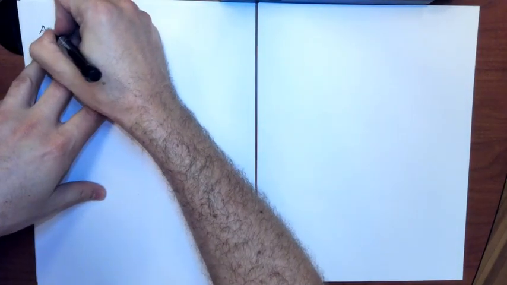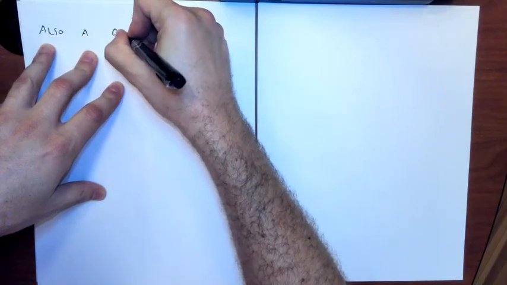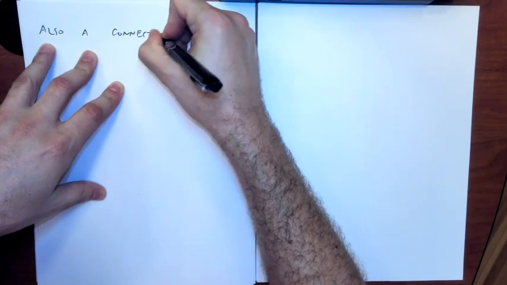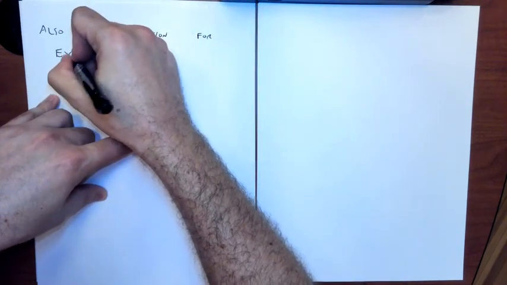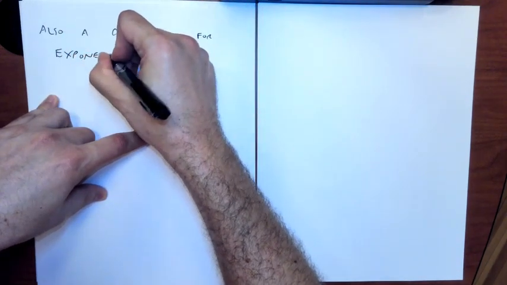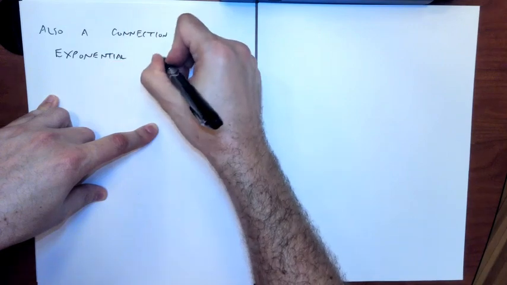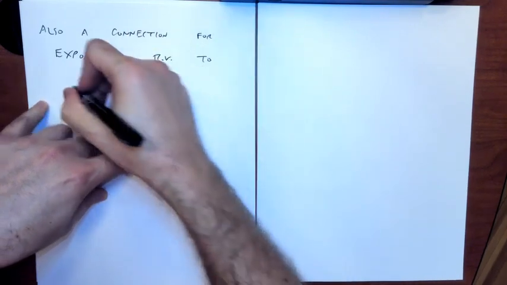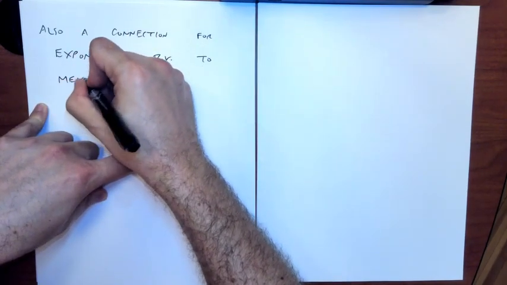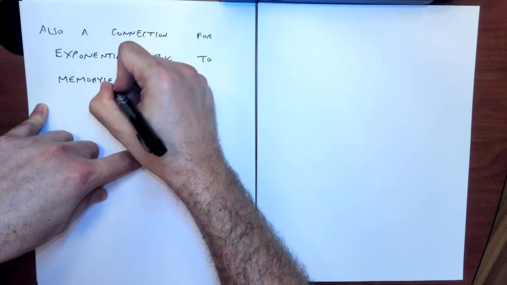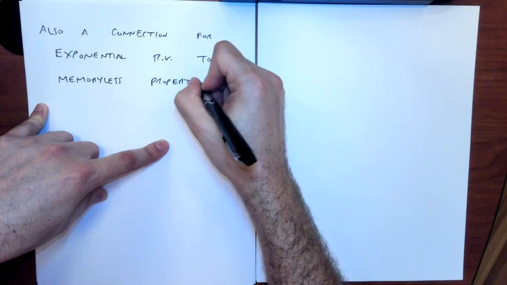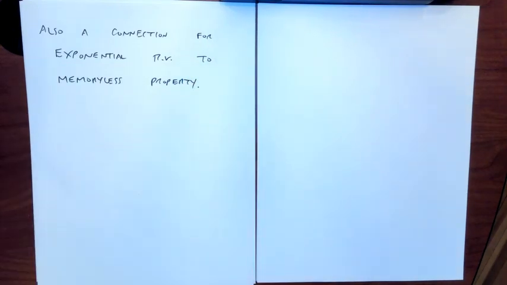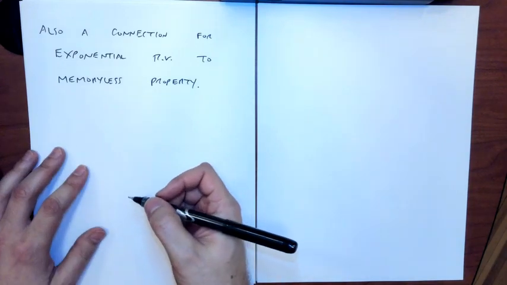There's a connection for the exponential by itself that doesn't work for anything else to this memoryless property, which is a statement about conditional probability. We're going to come back to that again next time and next week.